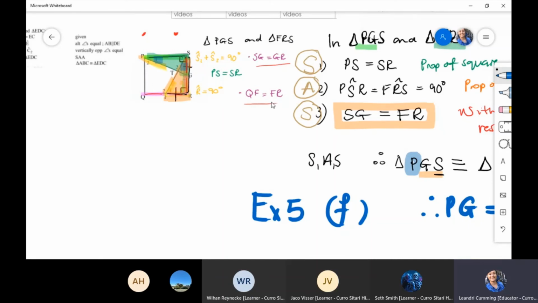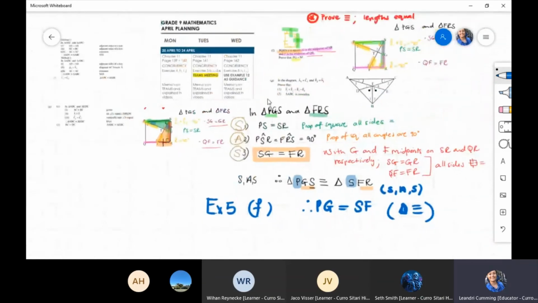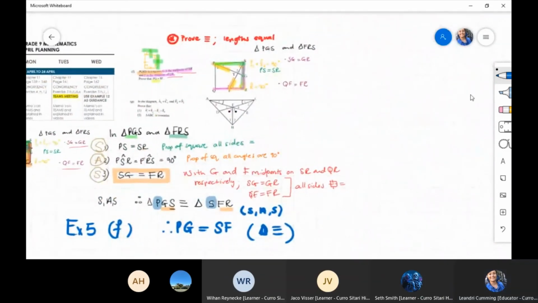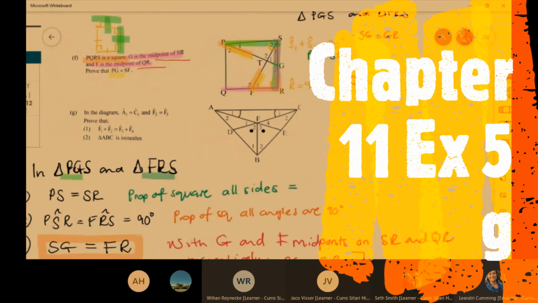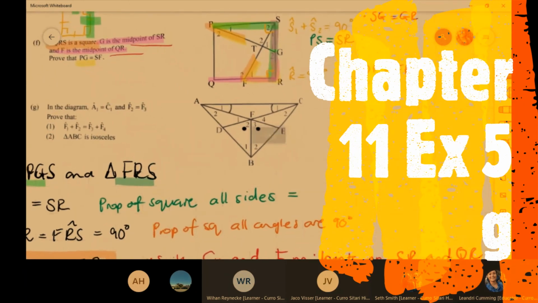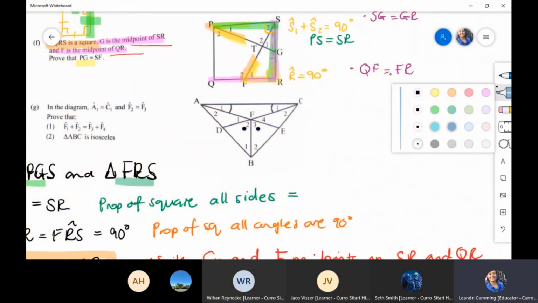Now let's look at number G. Number G looks slightly different. We do have two triangles here. And number G states that in this diagram, let's quickly see what we can do here. We have certain things that are already equal.